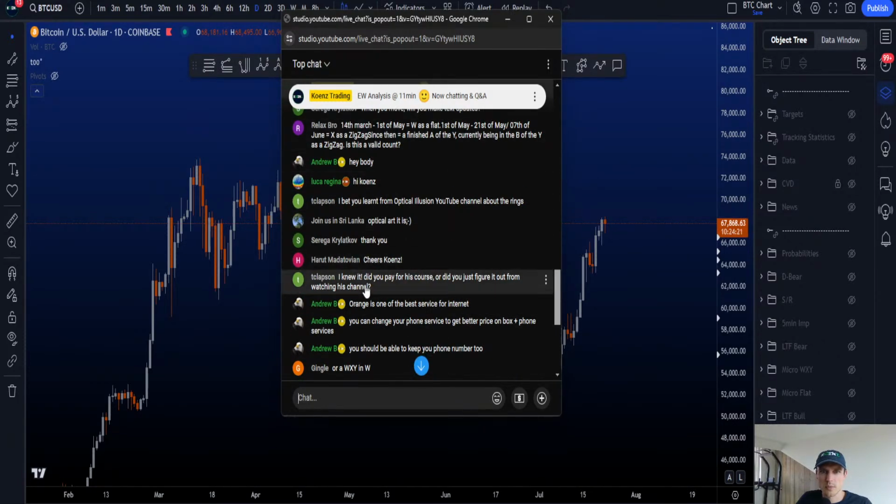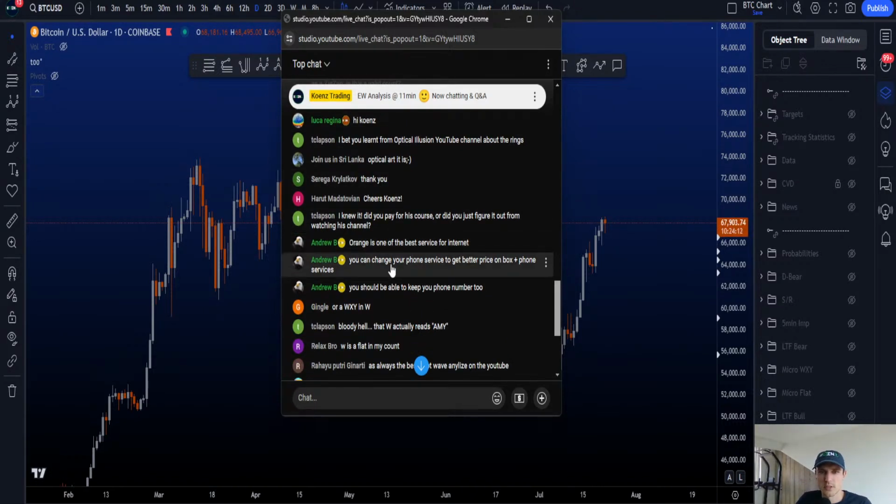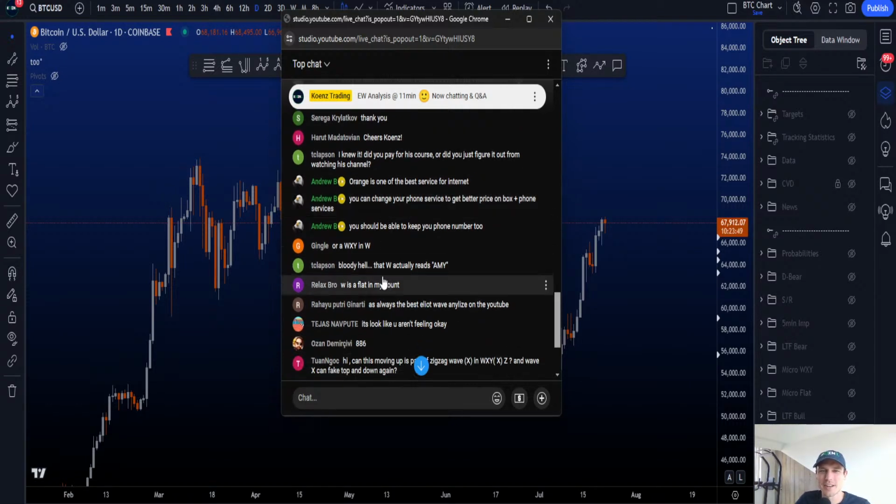I don't see Liquid Mafia in the chat here, so I'm not sure who the message is aimed for. Orange is one of the best servers for internet. You can change your phone service to get a better price on Box Plus phone. Keep your number too. That would be nice. Box Plus phone, I see. Thanks, Andrew. I actually put it in my phone for later. Orange Internet France, so I literally put Orange in. I'm going to have a look.